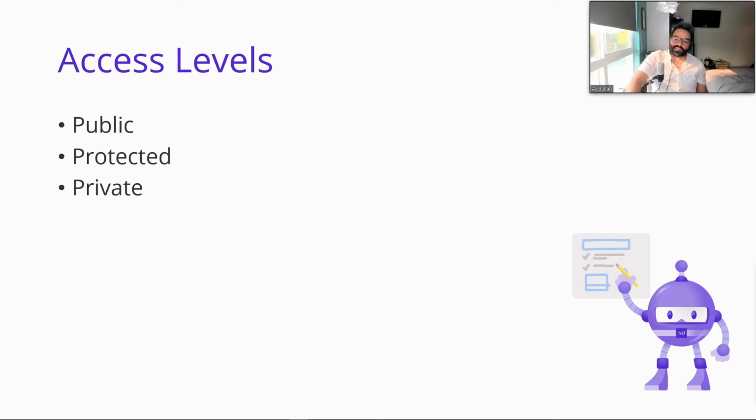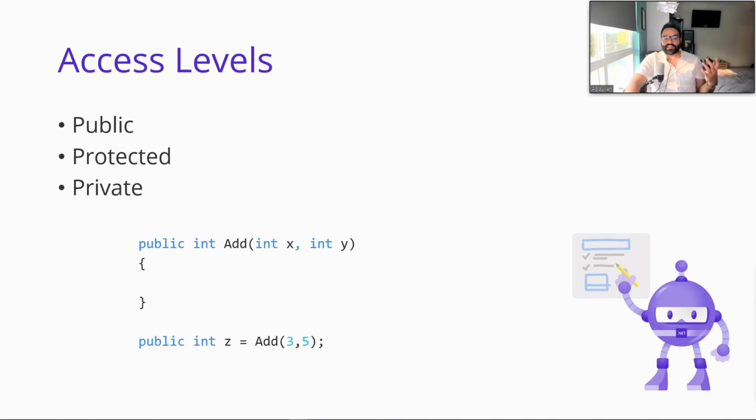And also you can set things to private, where it makes it so that only that object can access itself and its variables and methods inside of them. So that's access levels. And the way that we use access levels is by adding it, for example in methods, in front of the return type.